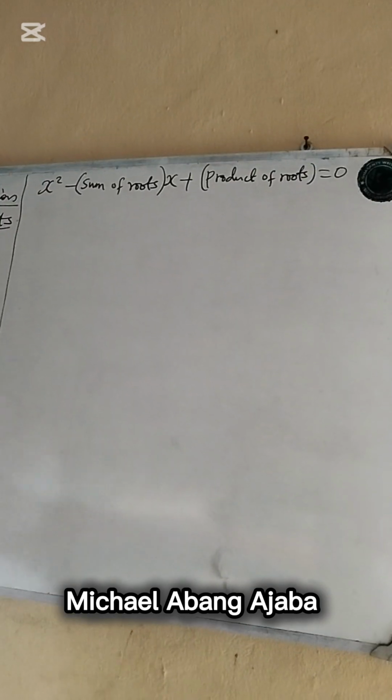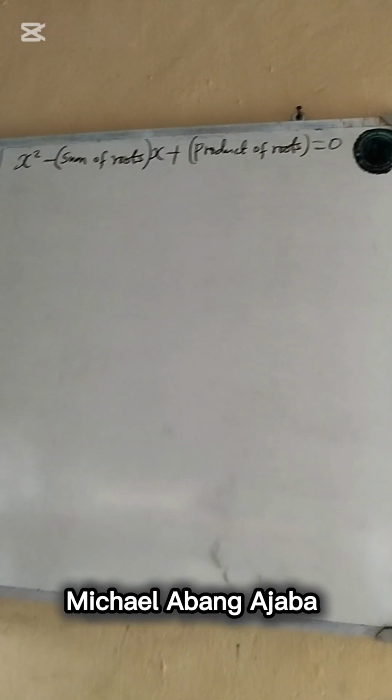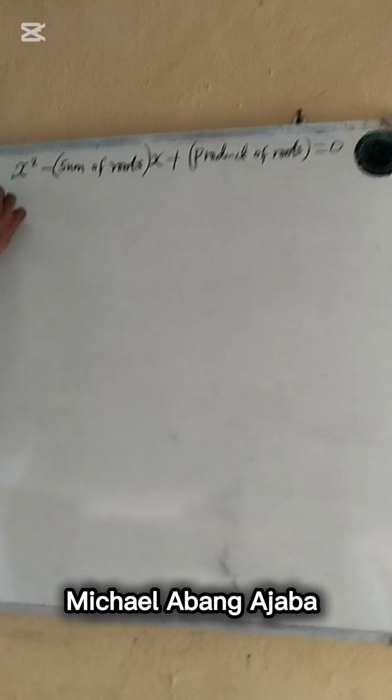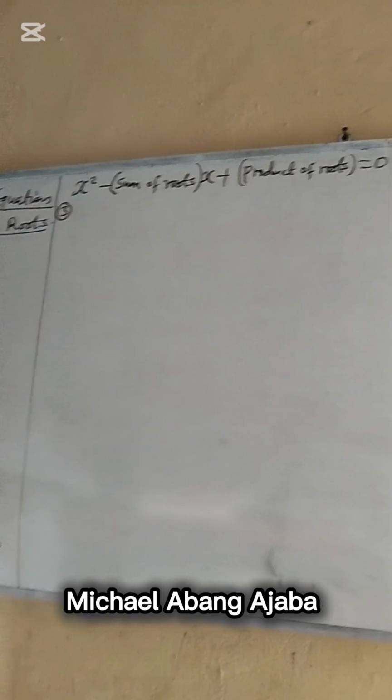So we'll use this approach to solve the first example and the second example to see if we have the same answer. Let's use it for the first example, number 1, which will now be our number 3 here.